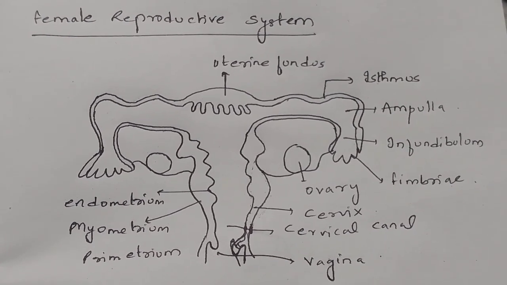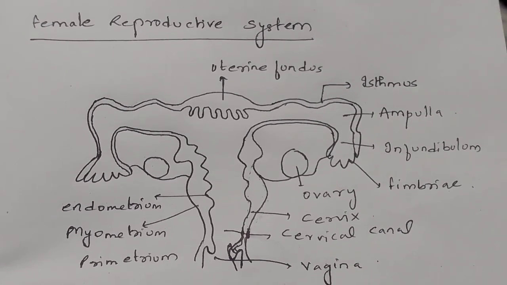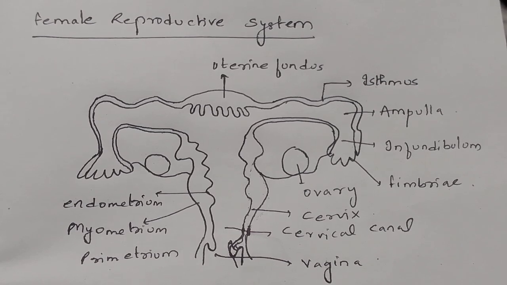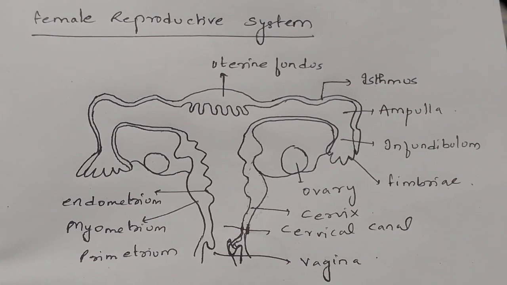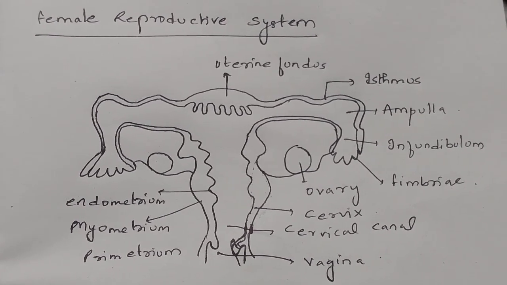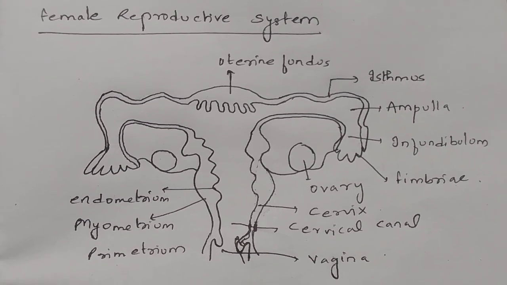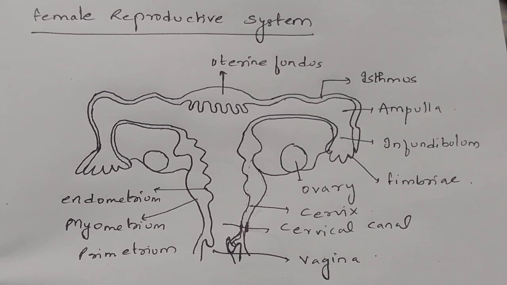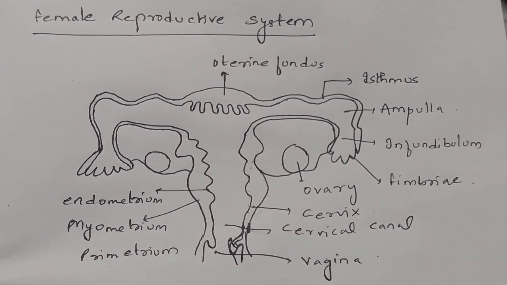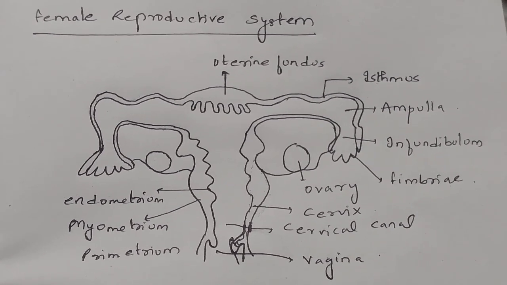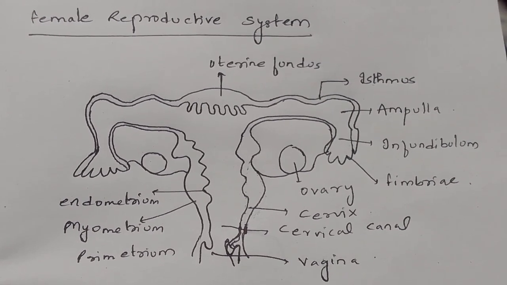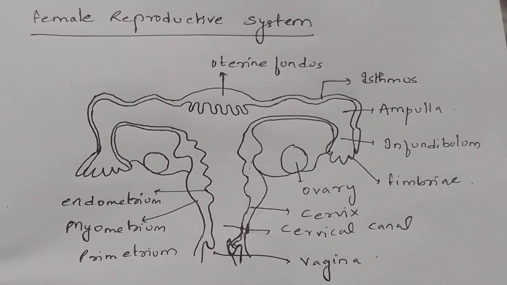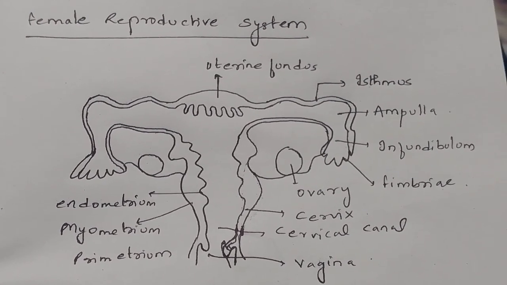The part closer to the ovary, which is funnel shaped, is called the infundibulum, and the wider part after the infundibulum is the ampulla, where ovum and sperm get fertilized. And fimbriae are the finger-like projections which collect the ovum during or after ovulation. The isthmus is the last part of the oviduct, which is near the uterus, with a narrow lumen.